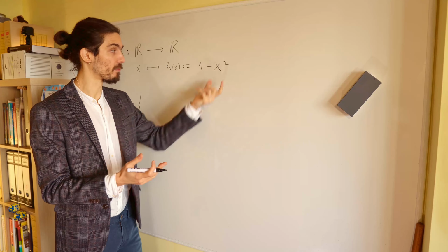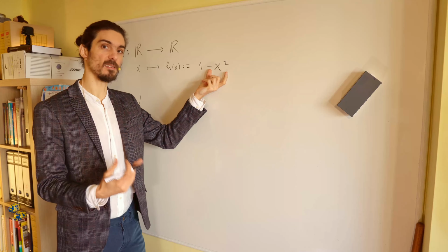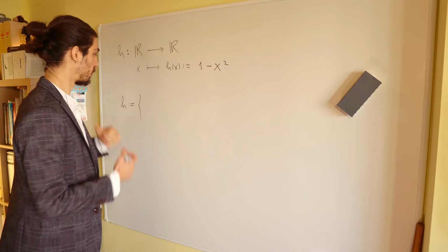As a second step, after you have x squared, what is the second thing that you compute? Well, we subtract from 1 the result, x squared. So this is a second line.